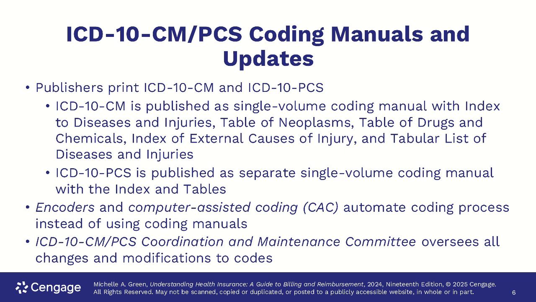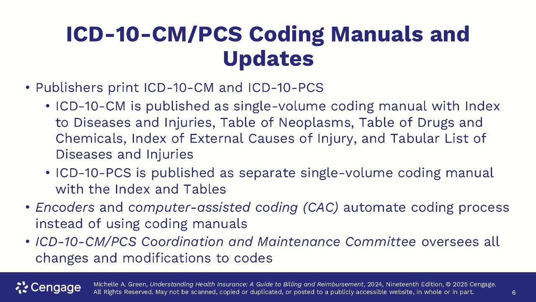In addition to encoders, we also have what is known as computer assisted coding, which is designed to help automate the coding process. And the book says this system is used instead of code manuals, but any coder will tell you that with most computer assisted coding, we as coders have to go behind the system and make some corrections to the codes that were assigned.